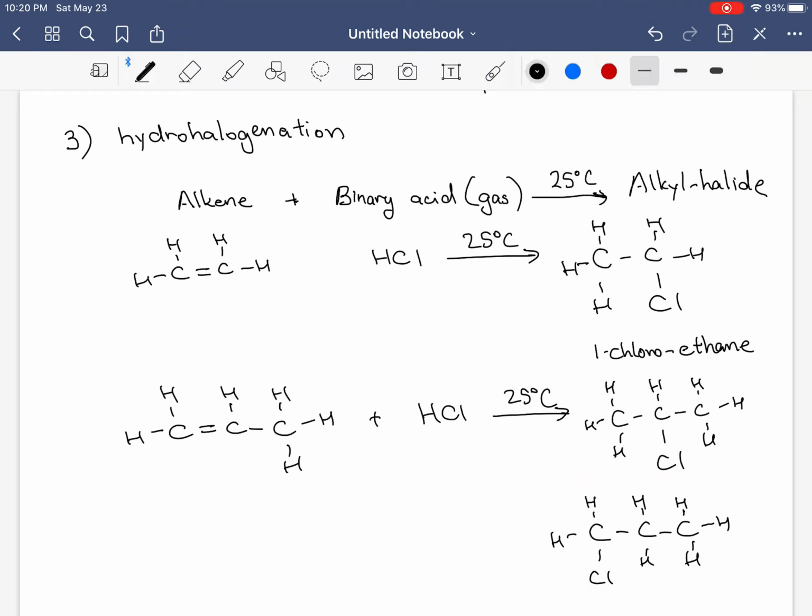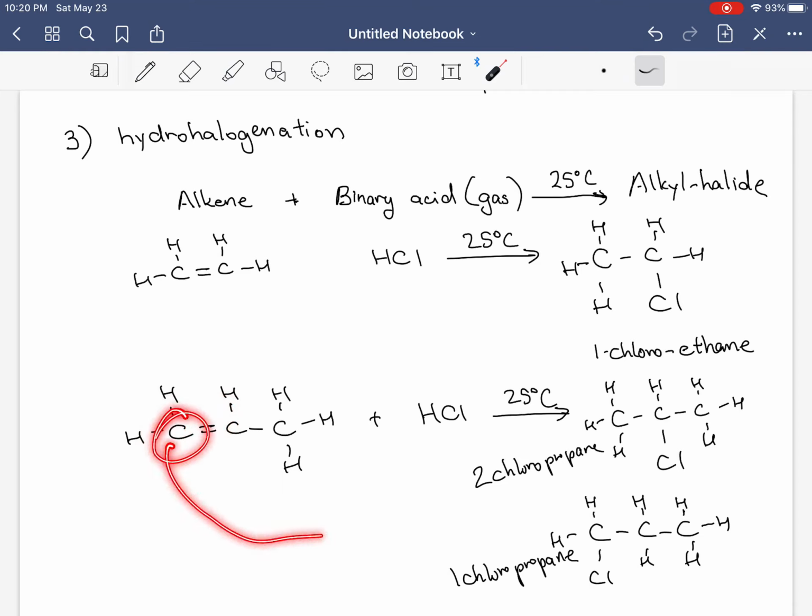If you were to name them, this is 2-chloropropane. This is 1-chloropropane. They're 2 different things. That's why they have 2 different names. So when this double bond breaks, this carbon can say, I want to hook up with this guy, or I can hook up with that guy. So in this case, you will have 2 different answers. So that's hydrohalogenation. It can be very tricky.